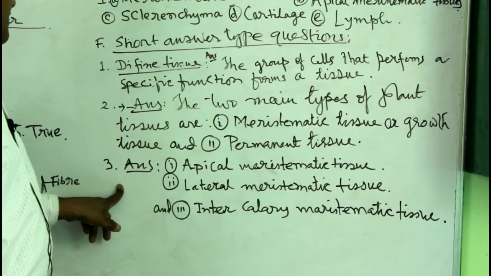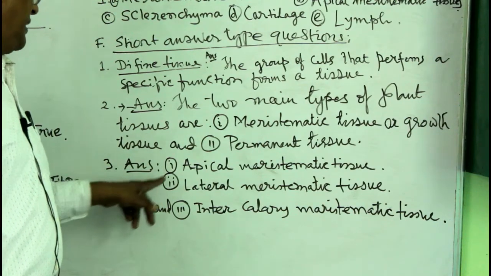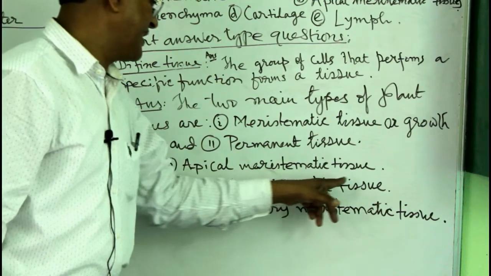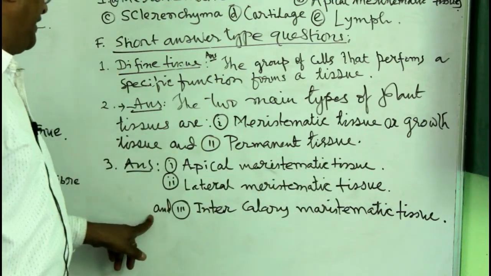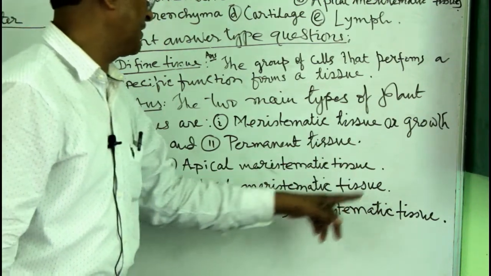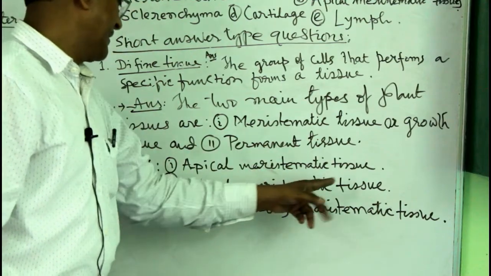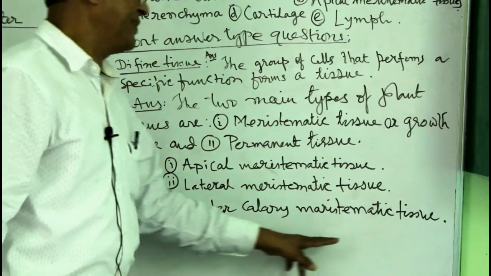Question number 3, the answers are number 1, apical meristem, number 2, lateral meristematic tissue, and number 3, intercalary meristematic tissue.